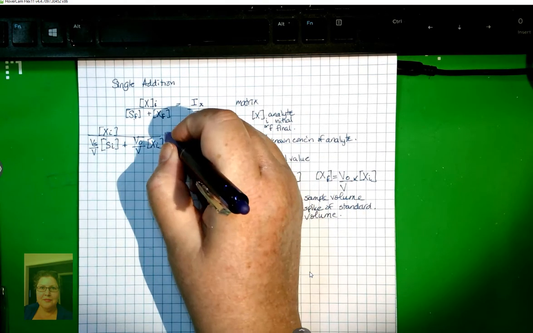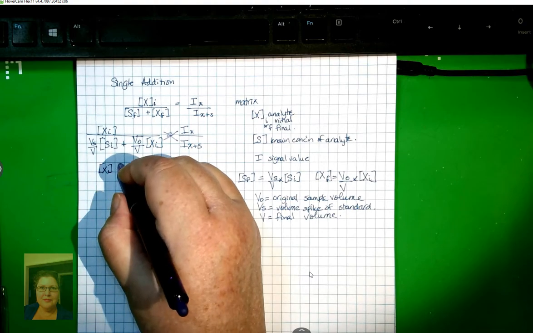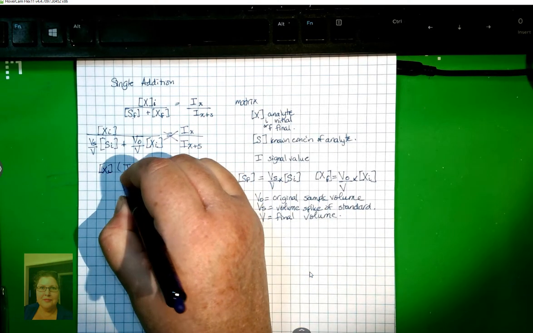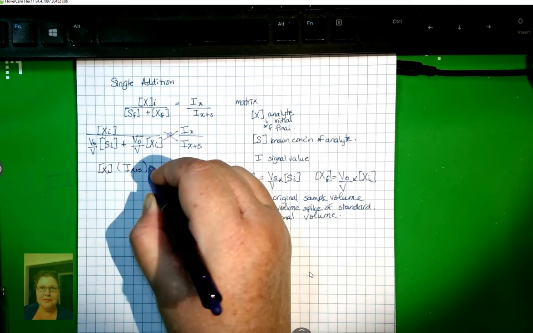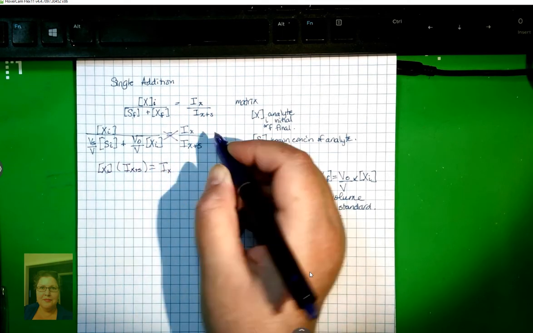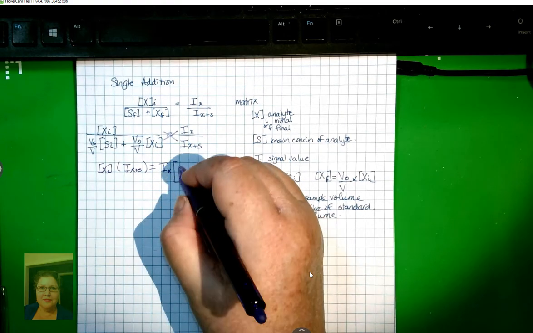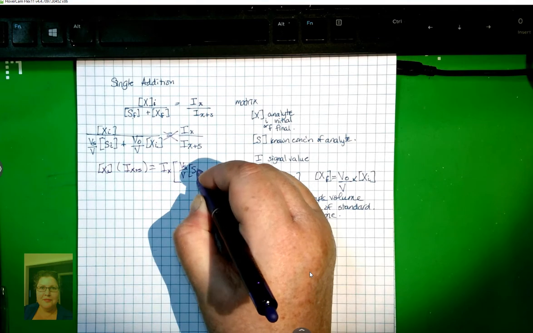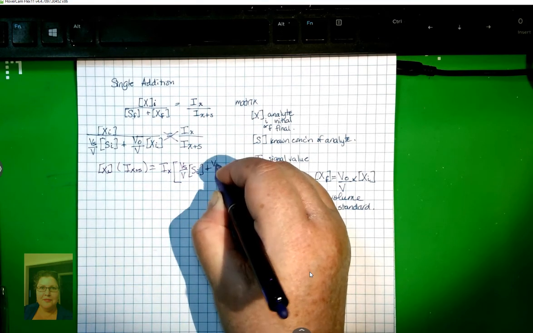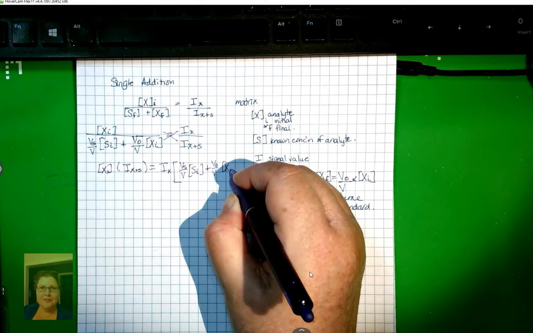So the first thing I'm going to do is cross multiply: Ix times (Ix plus S) equals Ix times the group Vs over V times Si plus VO over V times Xi.